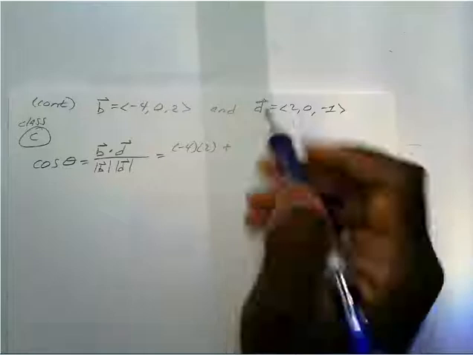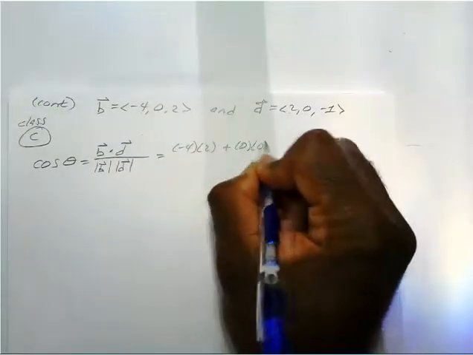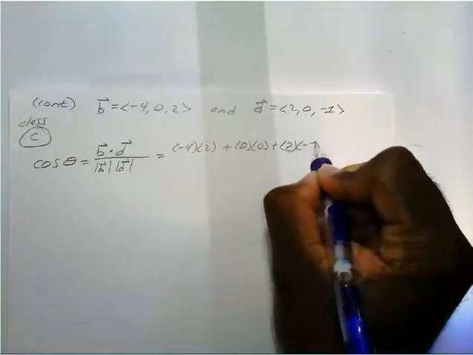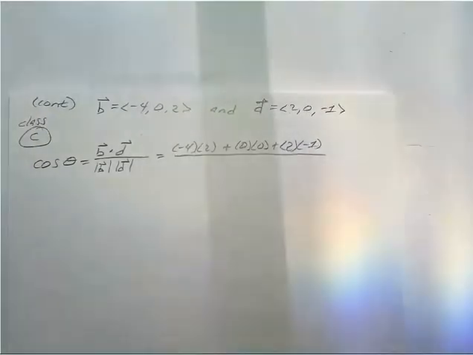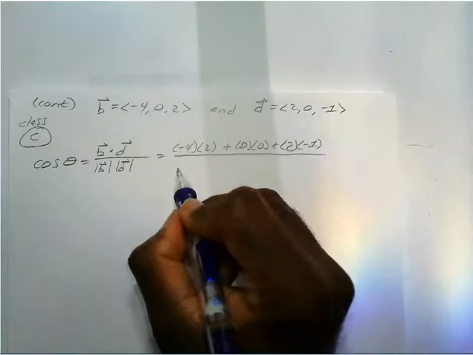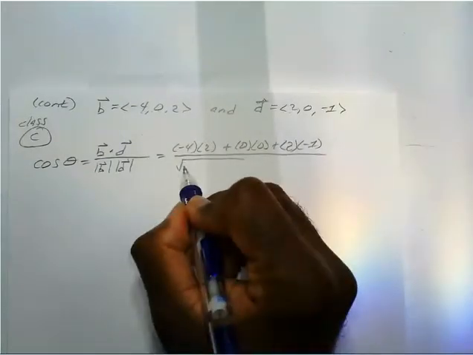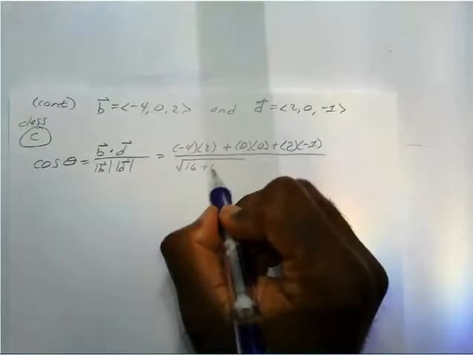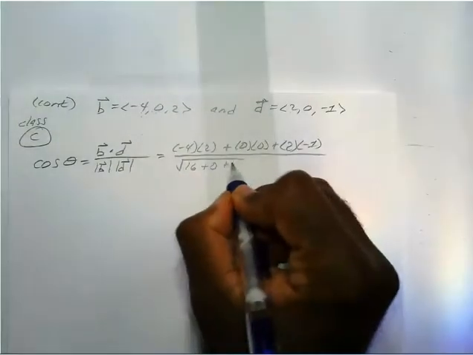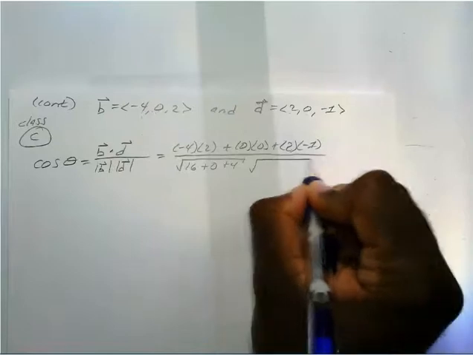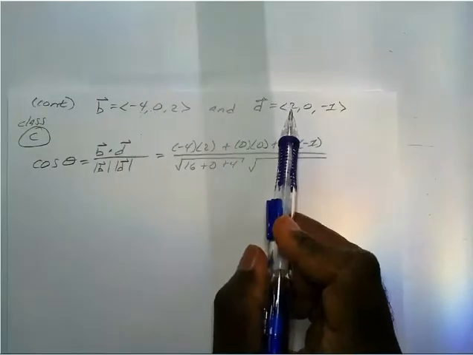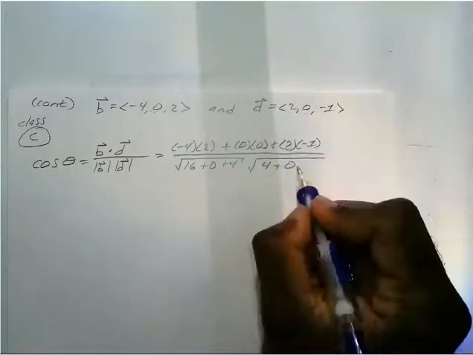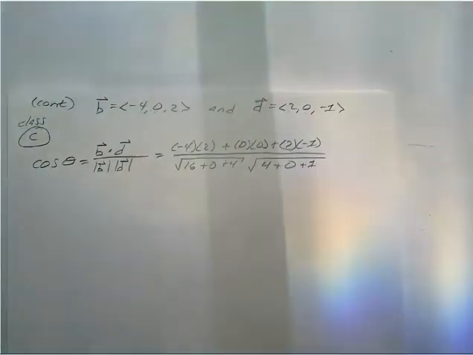Multiply the second component, which is 0 times 0. Multiply the third component, which is 2 times -1, all over the magnitude of the B vector. So that's negative 4 squared, which is 16, plus 0 squared, which is 0, plus 2 squared, which is 4, times the magnitude of the D vector. 2 squared is 4, 0 squared is 0, and negative 1 squared is 1.